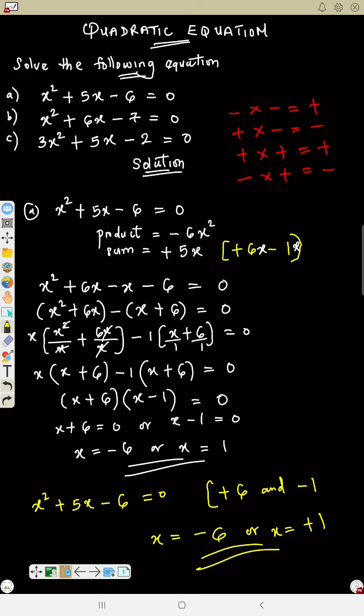But if you look at the question, the coefficient here is 1 s squared. So it's like saying divided by 1, so nothing will change. That's why I won't use it there. But like this one, the coefficient is 3, so I have to divide by 3. So now the answer is this. So that is the short method to do that.